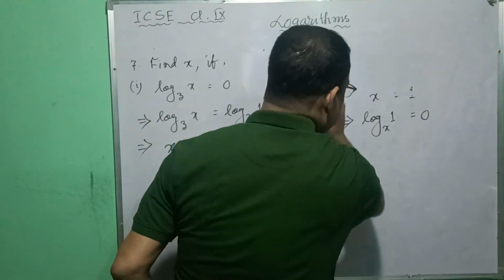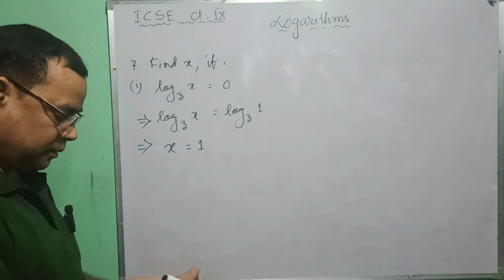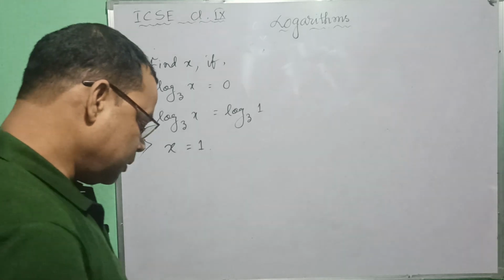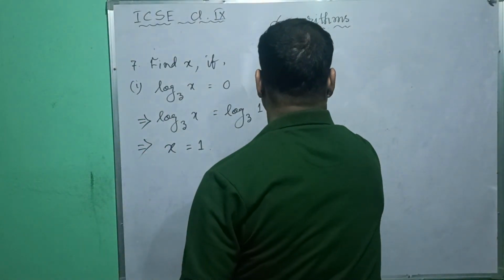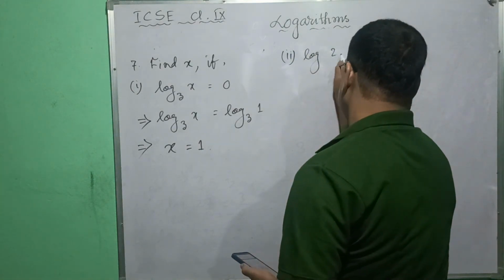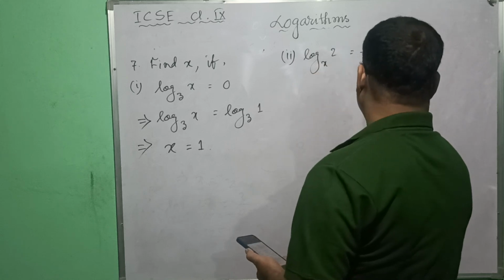Now in Roman 2, what is given? In Roman 2 it is given log 2 base x equal minus 1.